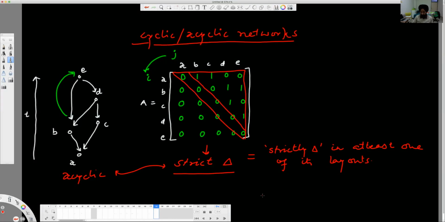Okay, so that's one kind of theorem. We can say that the adjacency matrix of an acyclic network is strictly triangular in at least one of its layouts. Okay, so that's true. What else is true? The diagonal is 0, right? Which will be true for whatever layout you are having.